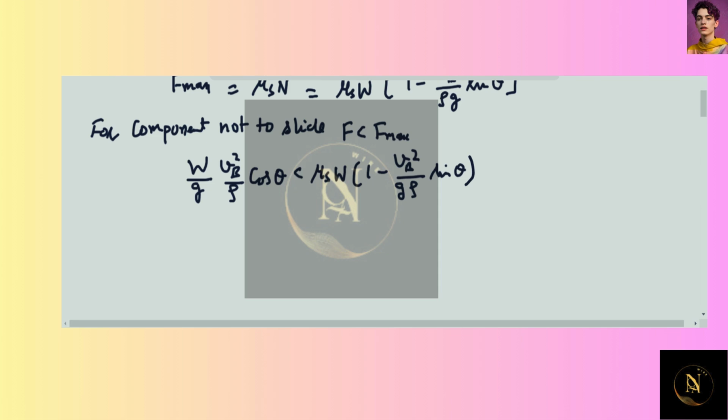So from above equation, square of velocity will be less than mu s g into rho upon cos of theta plus mu s sine of theta. Say equation 3.